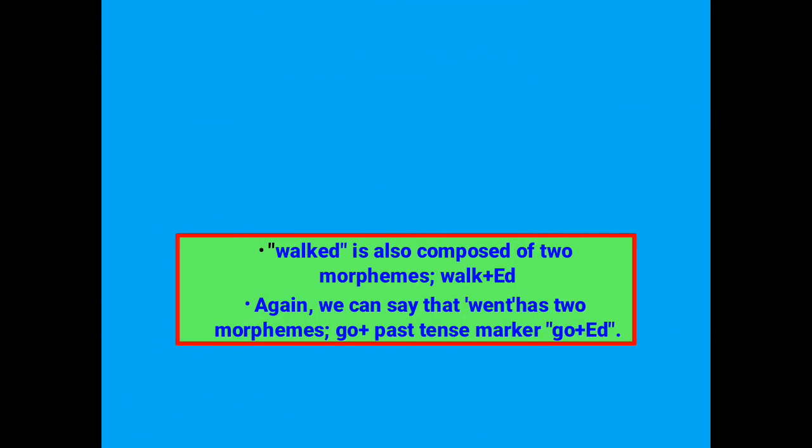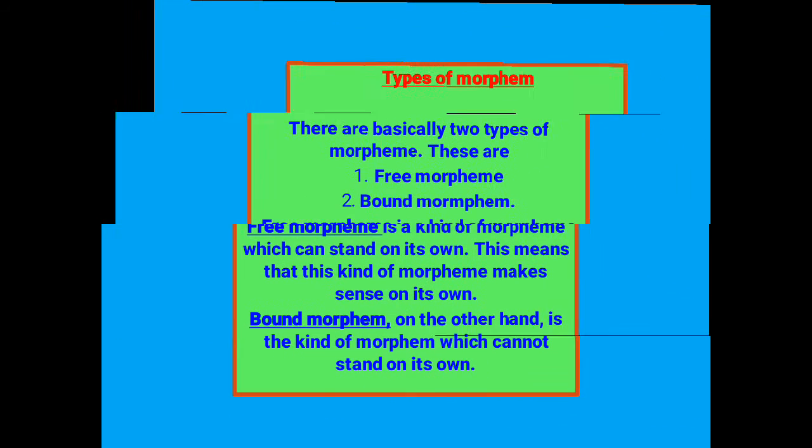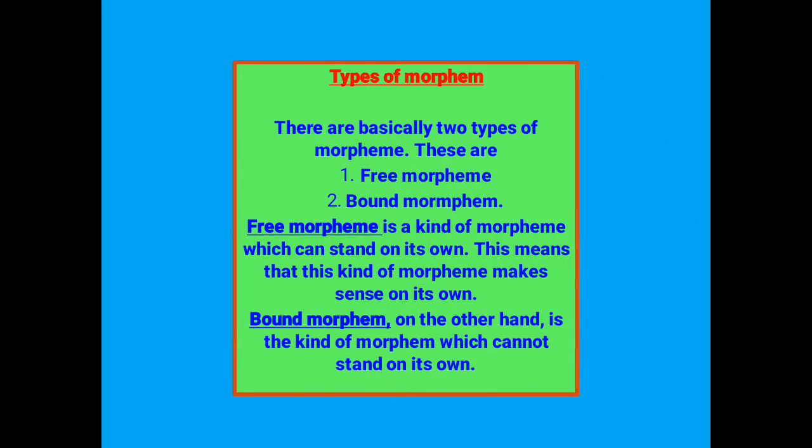So that's all, and we are moving on to the types of morpheme. There are basically two types of morpheme: free morpheme and bound morpheme. A free morpheme is a kind of morpheme which can stand on its own.